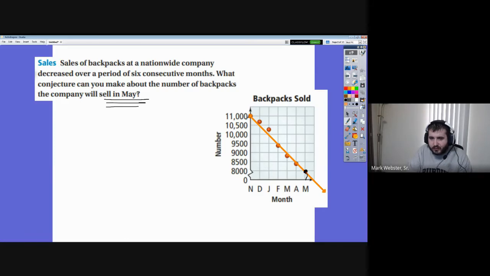If we're following the trend, May should be, roughly speaking, here at 800. Right? And this is literally just putting your finger down right here and then going up till you hit the line and then going over to the left to find what number corresponds, right? So what comes next?